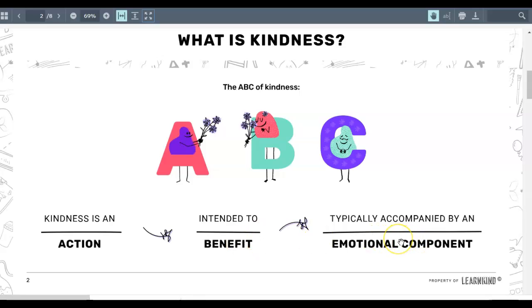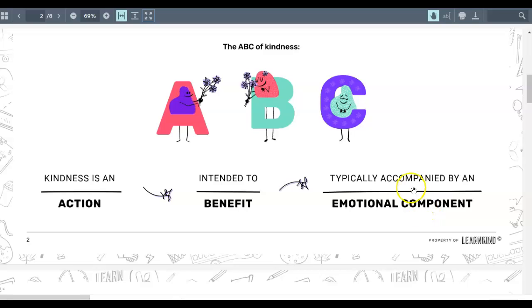So when I hold the door open for somebody, I get a feeling inside of me that's a nice feeling because I was nice to someone. When someone holds a door open for me, I get a nice feeling because I appreciate the fact that someone did something nice for me. The emotional component, the feeling that goes with that action that's intended to benefit. Action, benefit, emotional component.